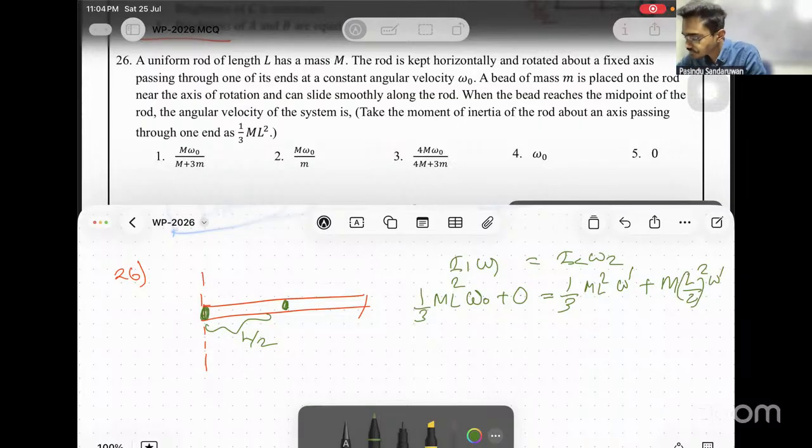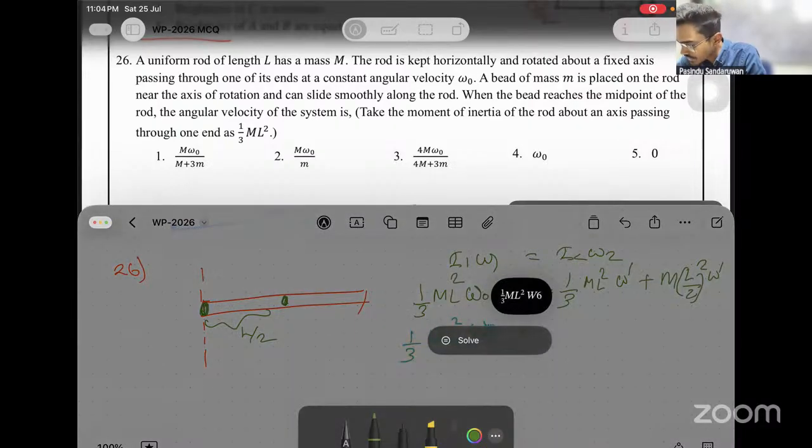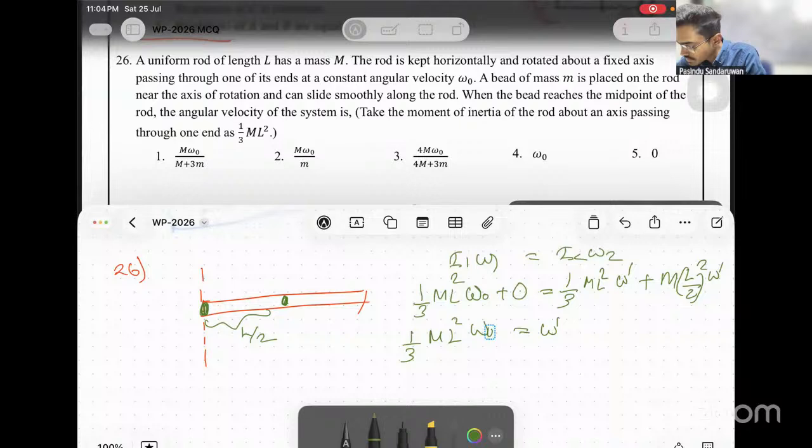Then simplify: 1 over 3 ML squared omega naught equals omega dash, which is common, taken out, times ML squared over 3 plus small m L squared over 4.